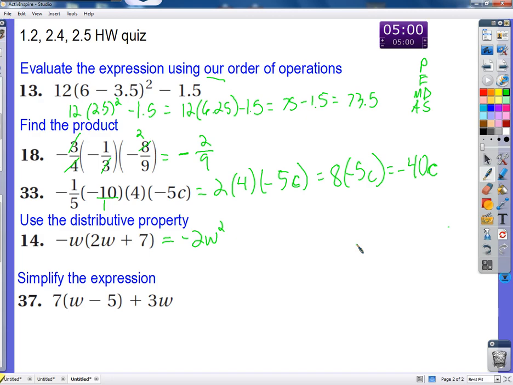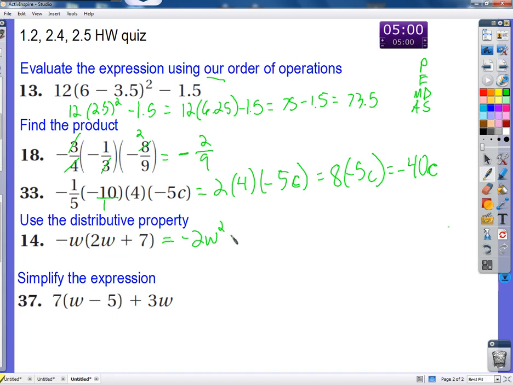So 2w means w plus w, and w squared means w times w. And that's what we're doing. W times w is w squared. So negative w times 2w is negative 2w squared.